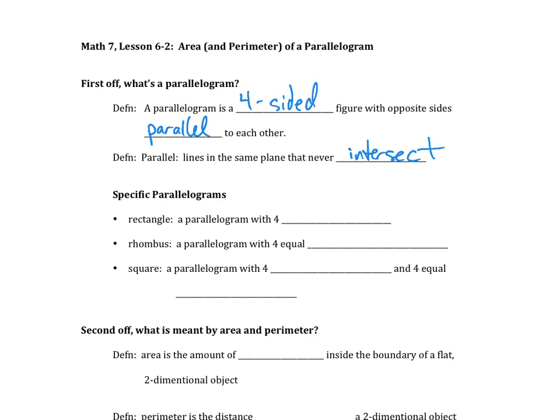Now I'm on the same plane, and if I do this, of course they're going to intersect, right there. So parallel says these two lines, if you drew them forever and ever in the same direction, they will never intersect. They will never cross, they will never touch. They're parallel. That's the idea of parallel.